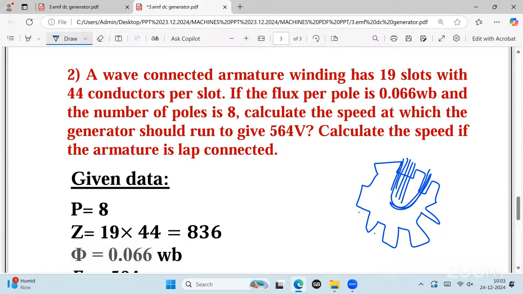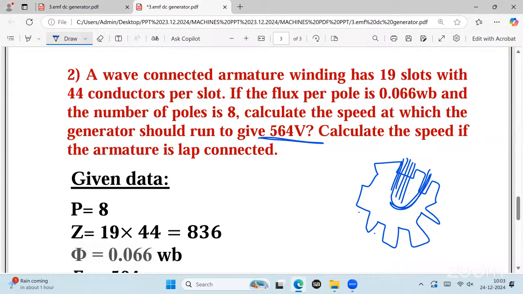But what we have to find out? How much speed it is rotating to give 564 volts? In armature, how much voltage is generated? 564. In armature means conductor.